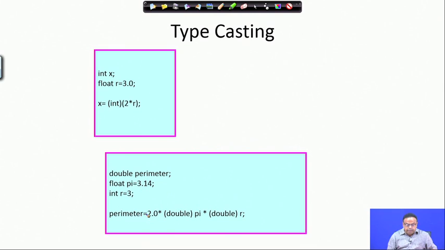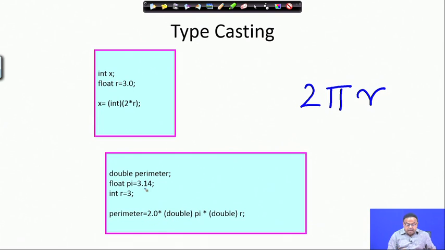Therefore, when I am computing perimeter is twice pi r, what am I actually doing? I am trying to compute 2 pi r, right, the circumference of a circle. So, twice 2 is real.